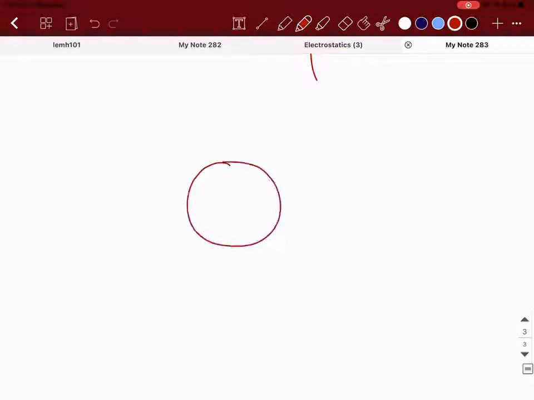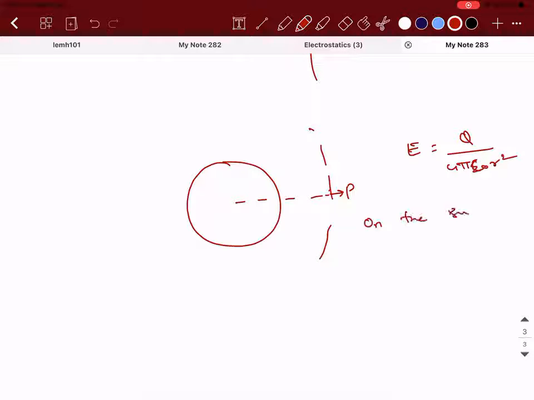Now, when this is the spherical shell and at this point you're trying to calculate the field, the electric field at this point is equal to Q divided by 4 pi epsilon naught small r square. On the surface, I can say small r is equal to capital R. Right? On the surface, small r will be equal to capital R. If I substitute it here, what will I get?